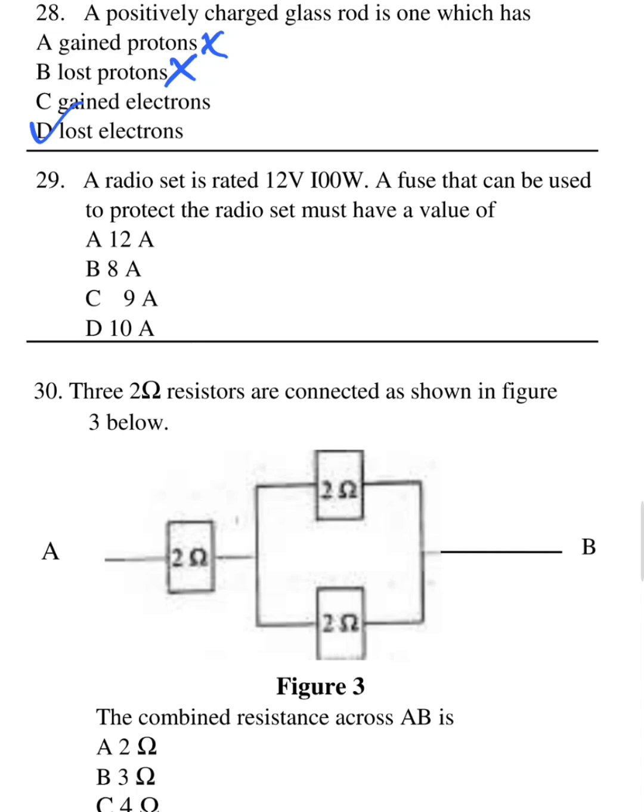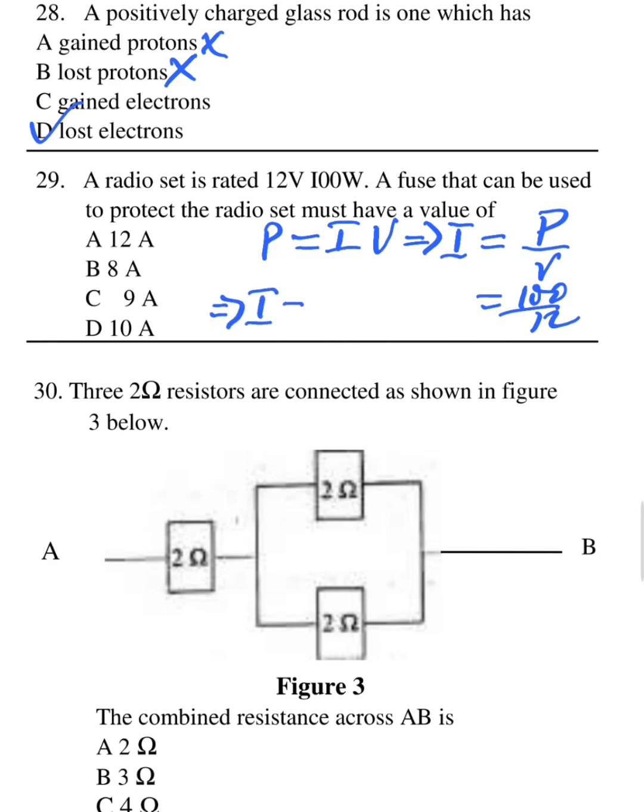Since it is rated 12 volts, 100 watts, power is equal to current times the voltage. And so current, I, should be equal to power over the voltage. So dividing 100 by 12, we have that the current should be approximately 8.3 amperes.